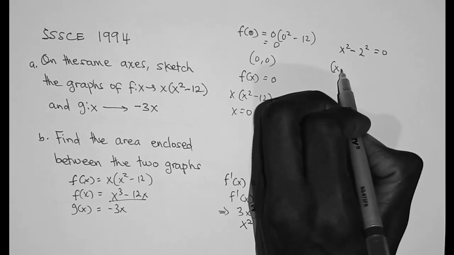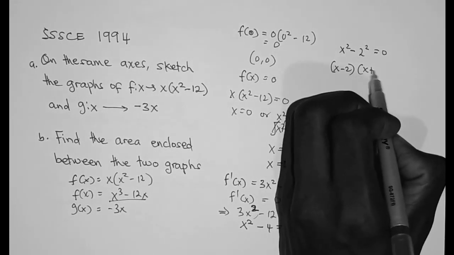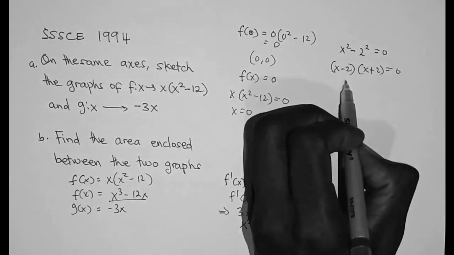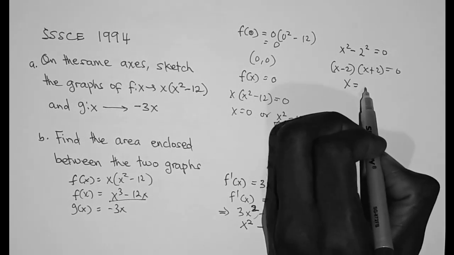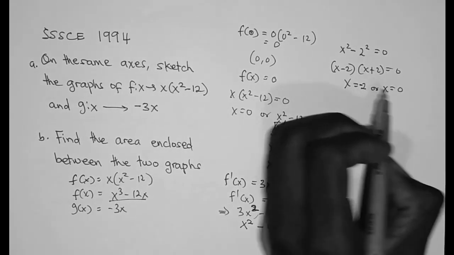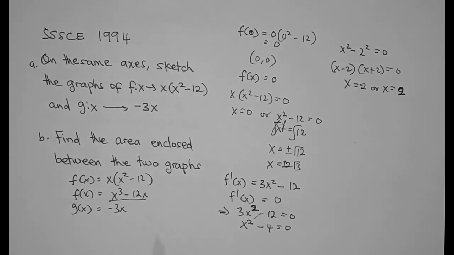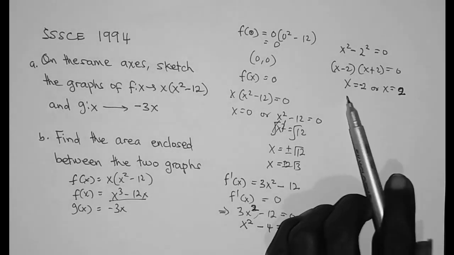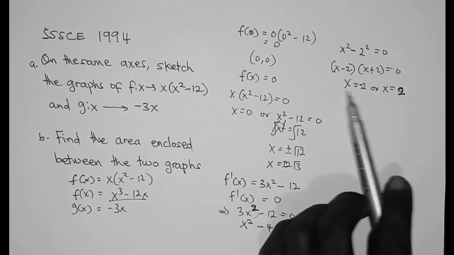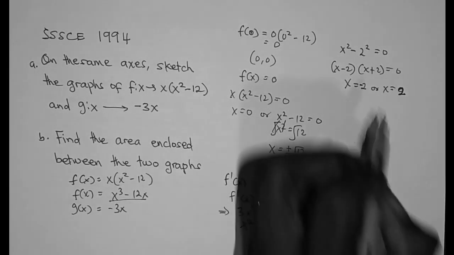In one bracket we have x minus 2, and in another bracket we have x plus 2, equal to 0. So the values of x are x equals minus 2 or x equals 2. So these are the turning points. Having found these values of x, let's find the corresponding values of y for the turning point.